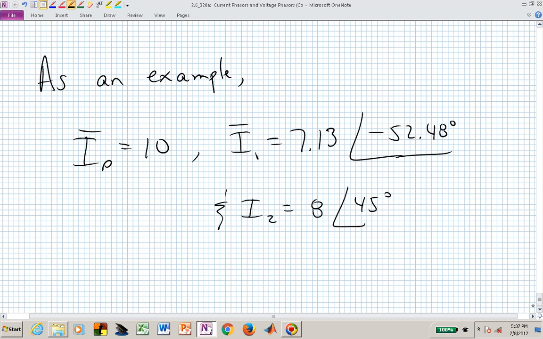And hopefully that's clear that 15, or almost 15, is definitely not 10. So you have to treat currents and voltages when we're dealing with sinusoidal steady state as phasors. We have to treat them vectorially, which means we have to use magnitudes and angles in the correct algebraic way in order to come up with the correct answers.